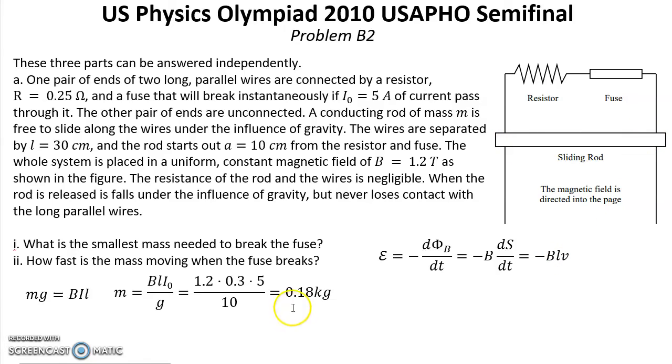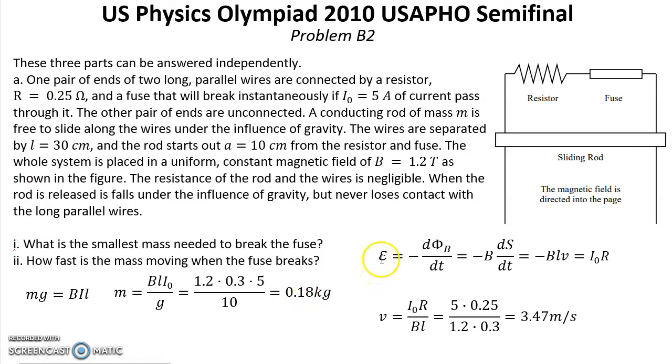We know that EMF equals current multiplied by resistance. In our case, we know that maximum current is I0 and resistance is 0.25 ohms. So now we can count what the speed is.